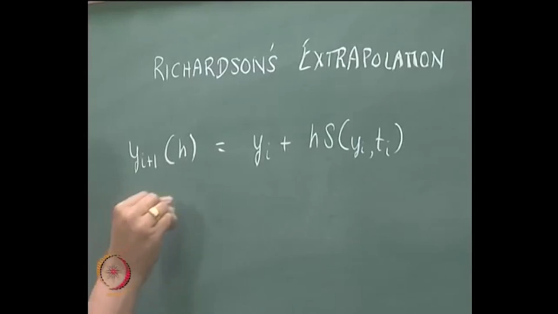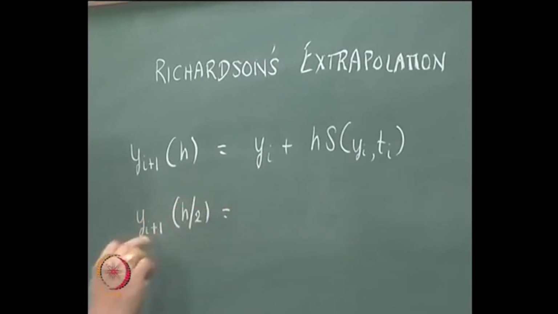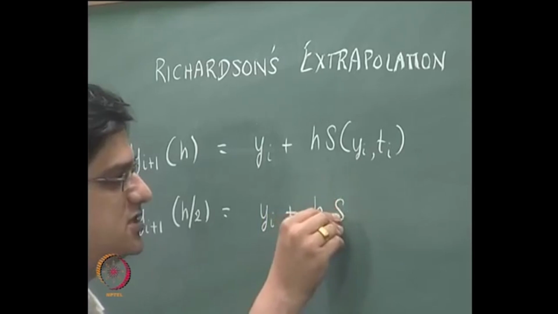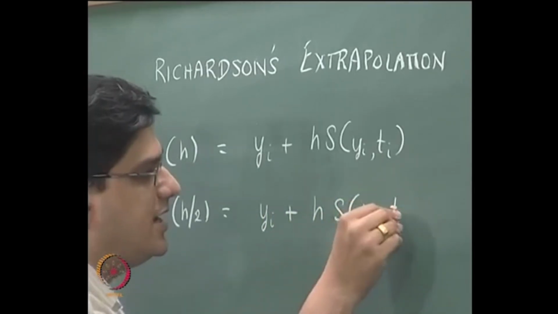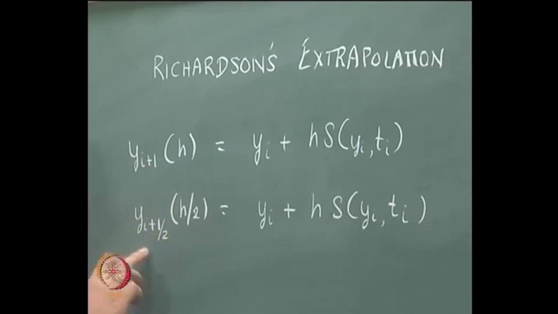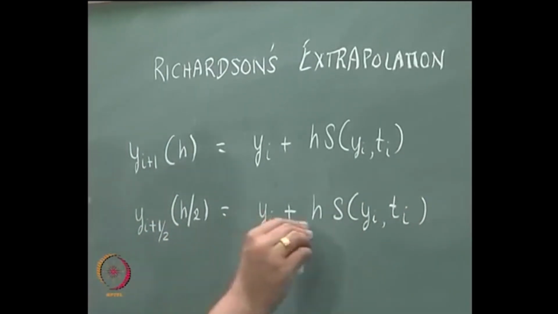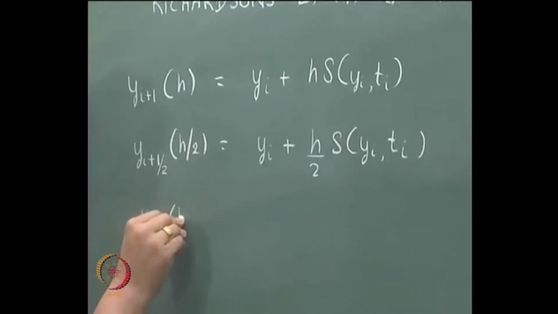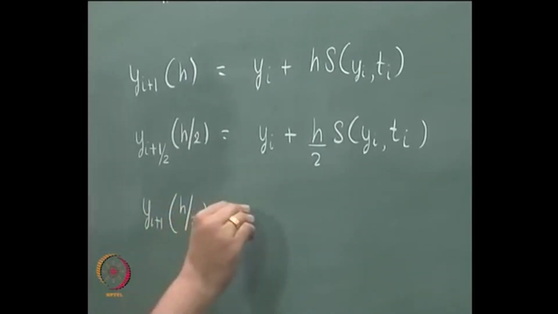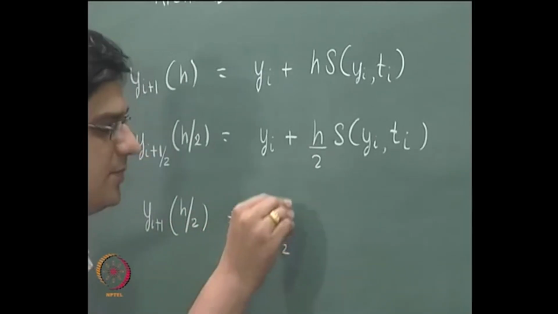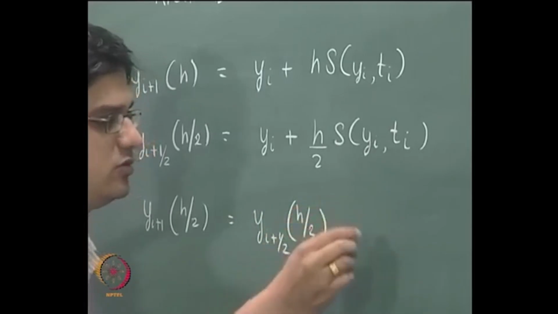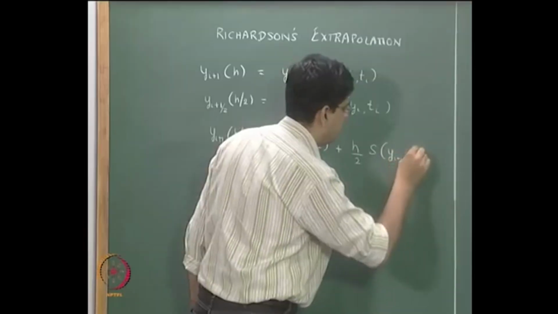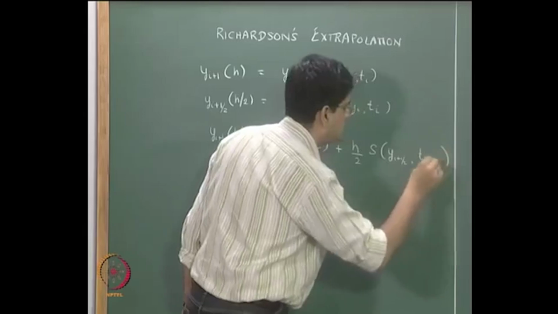When we do this for half the step size, we will get yi plus half as yi plus h by 2 multiplied by s of yi comma ti, and yi plus 1 computed with step h by 2 is going to be equal to yi plus half plus h by 2 multiplied by s of yi plus half comma ti plus half.